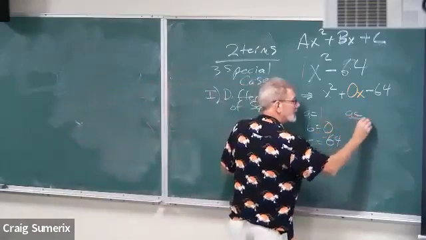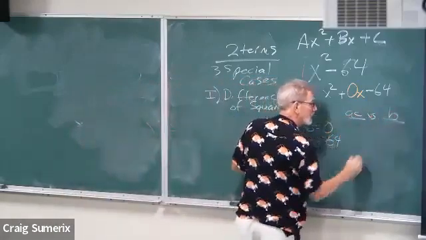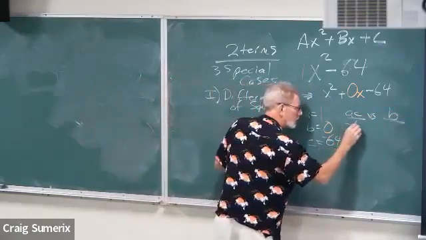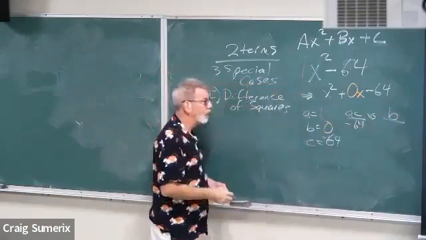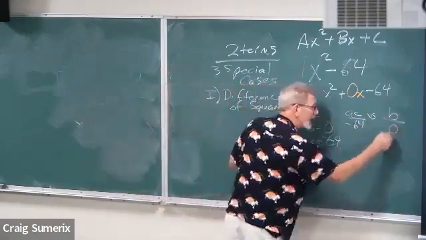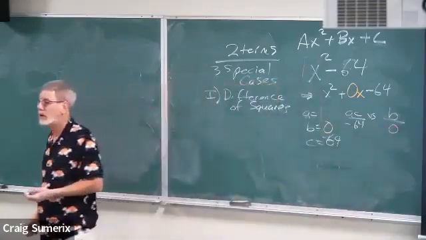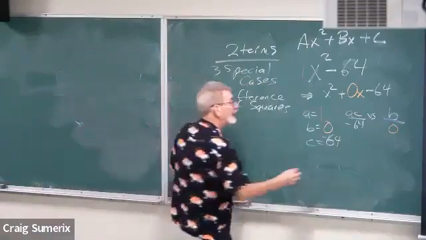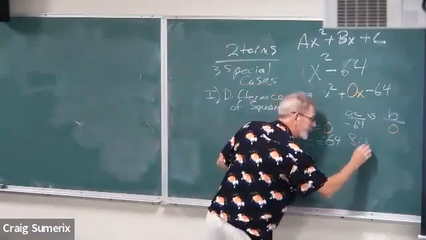So AC is going to be negative 64, won't it? 1 times negative 64. What two numbers multiply to give you negative 64 but add up to give you 0? 8 and negative 8.